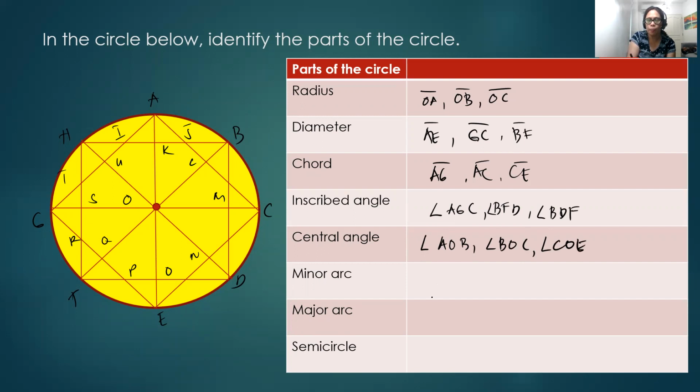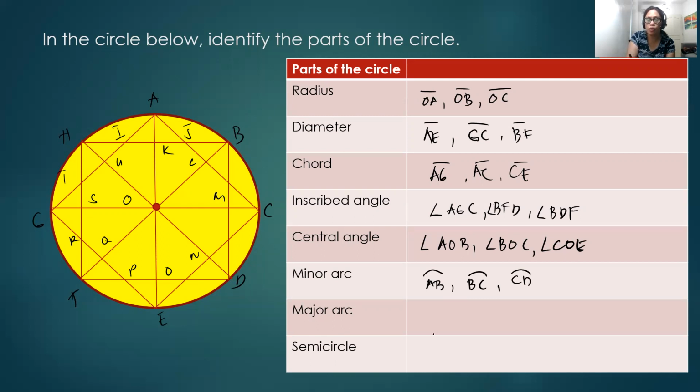Minor arcs: a minor arc is a continuous part of the circumference of the circle intercepted by a central angle that measures less than 180. So we have arc AB, arc BC, arc CD, and many more.